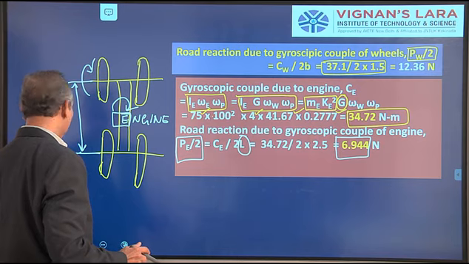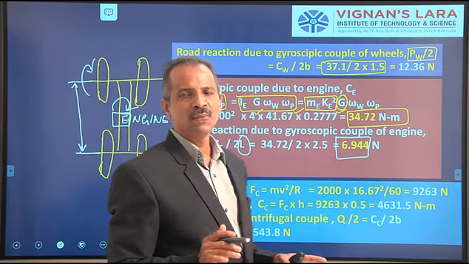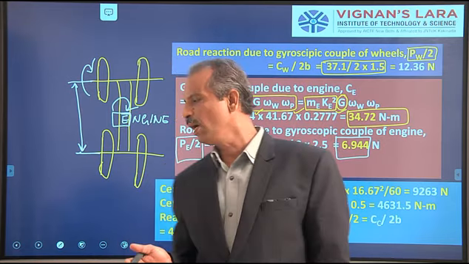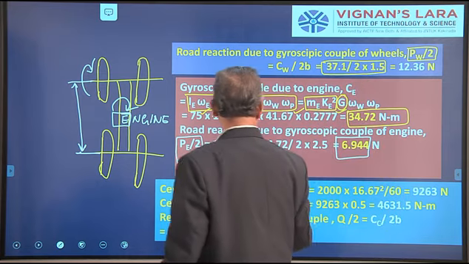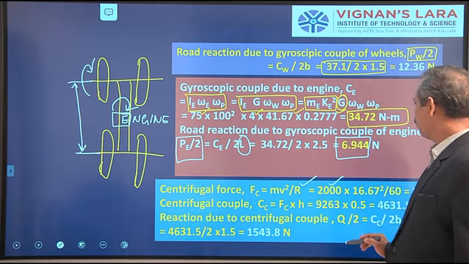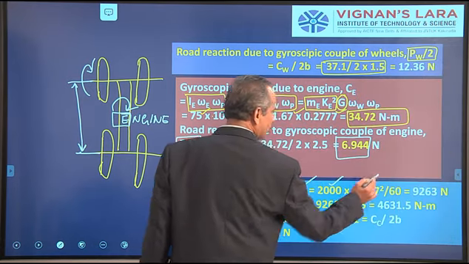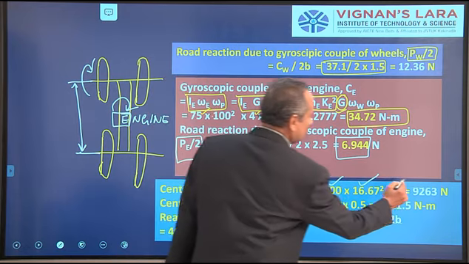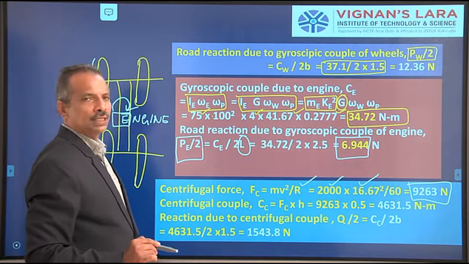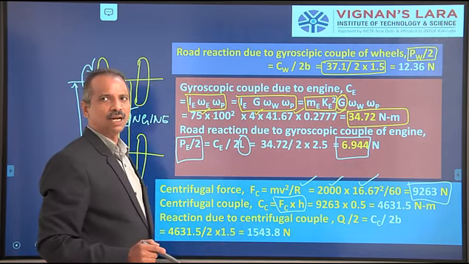After getting this, the next part is centrifugal force. You are aware that the formula for centrifugal force is mv square by r. The same thing, I have calculated by substituting the mass of the vehicle, and the velocity already calculated. That gives my centrifugal force. Then the centrifugal couple is the force multiplied by the height of the center of gravity.